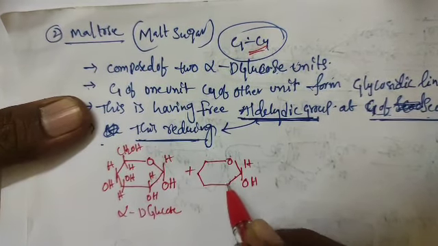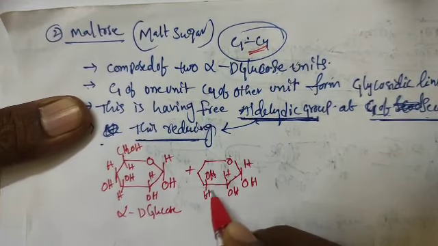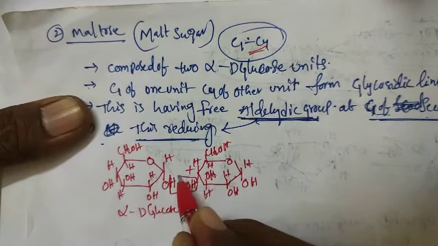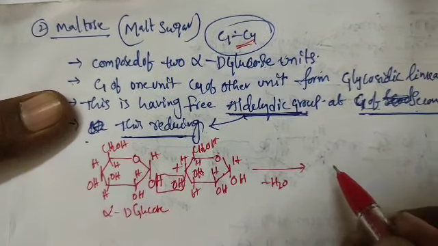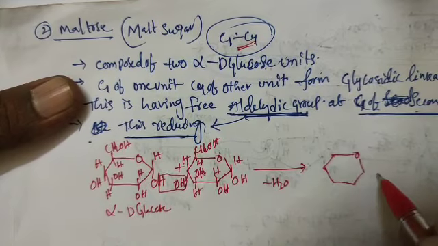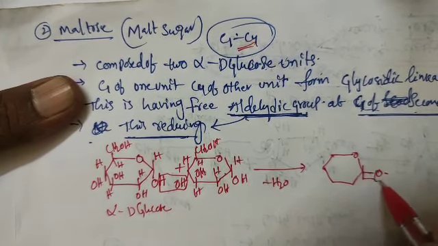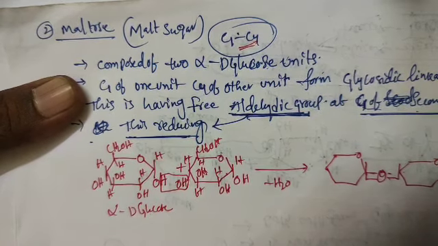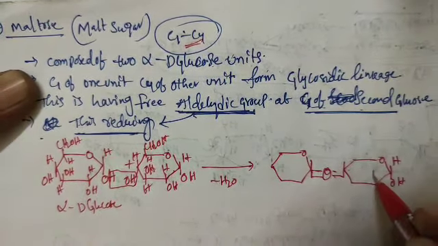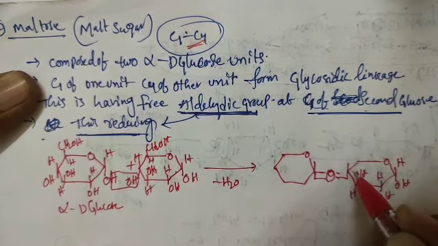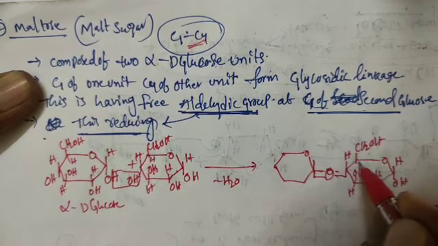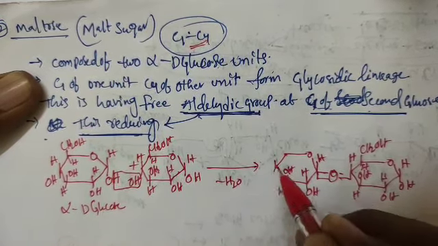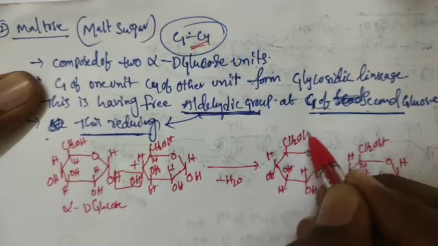Here H, here OH, H, OH, H, OH, H, CH2OH, here H. From here we can remove H2O, minus H2O, and we get the structure like this. Here H, OH, H, OH, H, OH and H, CH2OH.